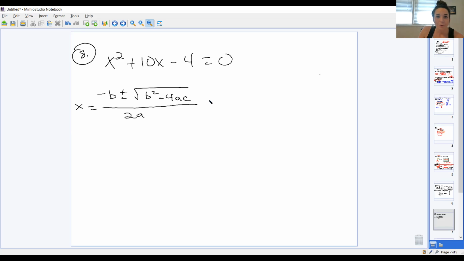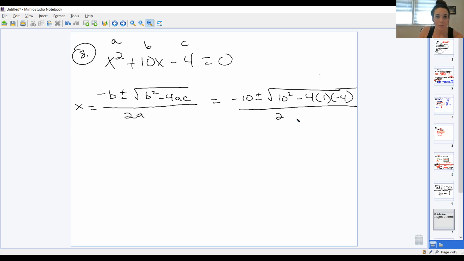Okay. So remember, I've got a, b, and c. I'm going to plug in here. So I'm going to get -10 plus or minus the square root of 10 squared minus 4 times 1 times -4, all over 2 times 1.